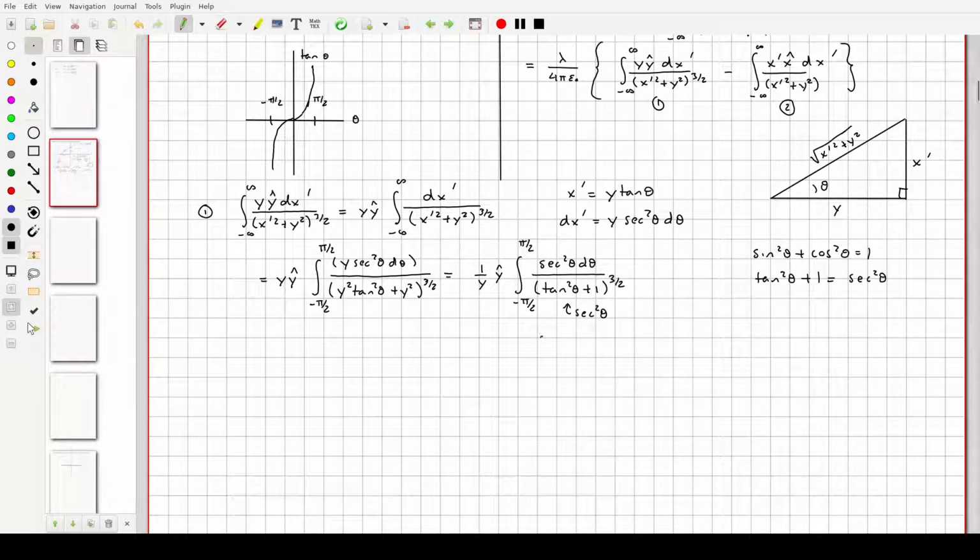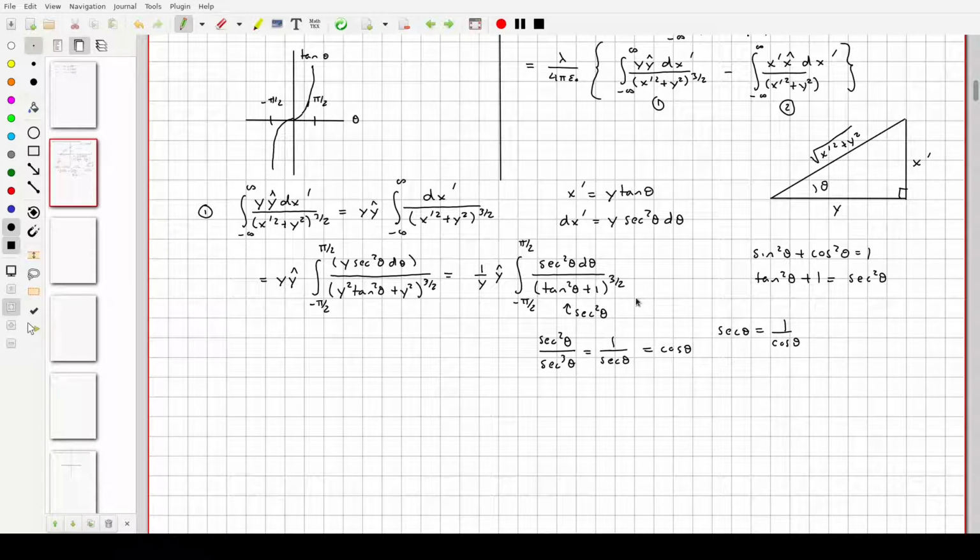So you have a secant squared on the top, and a secant cubed on the bottom. That's 1 over secant of theta. But secant itself is 1 over cosine, which means this is just cosine of theta. So this integral right here is just a cosine.